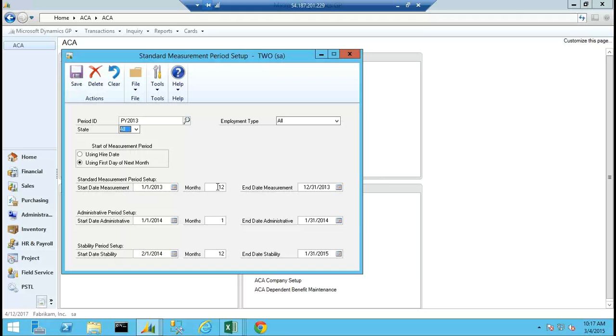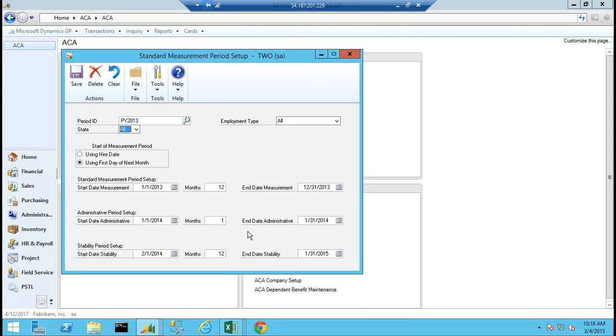And if they pass, and it's a pass or fail grade, then I have this administrative period to notify them, offer coverage, and if they elect coverage, sign them up so that they will start coverage on this date, and they will be provided access to coverage during a stability period, no matter how many hours they work in that stability period. So once you pass this, you accept it. You're going to get access to coverage during this period of time. So that's a standard measurement period.